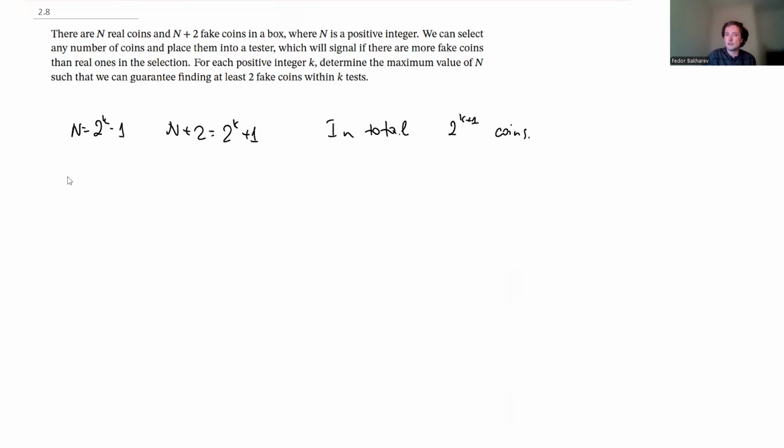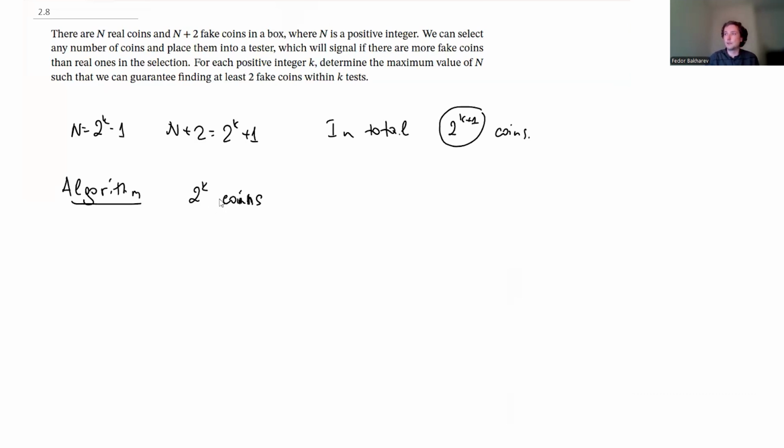The lower bound algorithm for such a number. If you have 2 to the power k plus 1 coins, we can select any subset of 2 to the power k coins from these 2 to the power k plus 1.